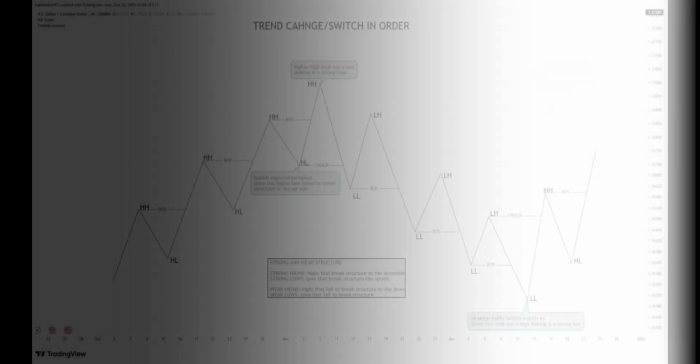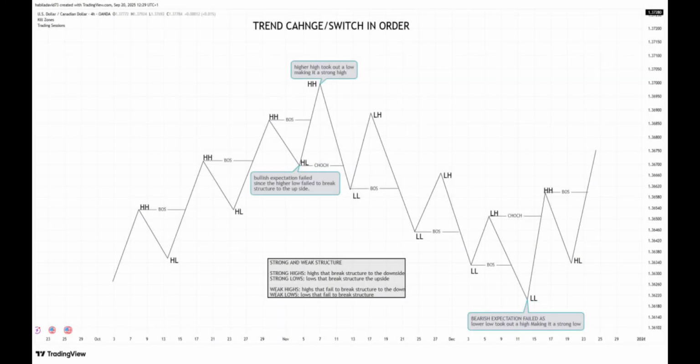You wait for another change of character to confirm that sellers are exhausted and buyers are ready to take over again. Based on the higher time frame, the market is bullish, but on the lower time frame there was a pullback. So once it's done pulling back at a demand level, it should look for a change of character to confirm that buyers are ready to take over again.